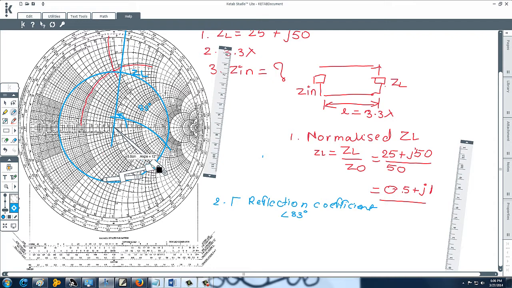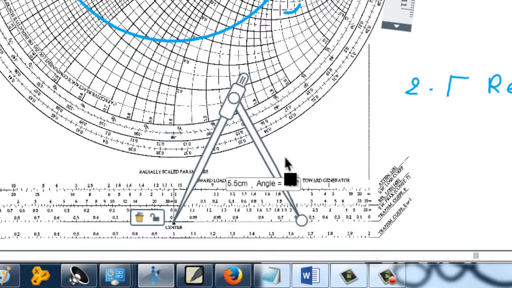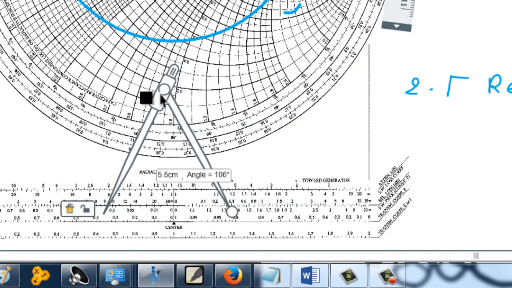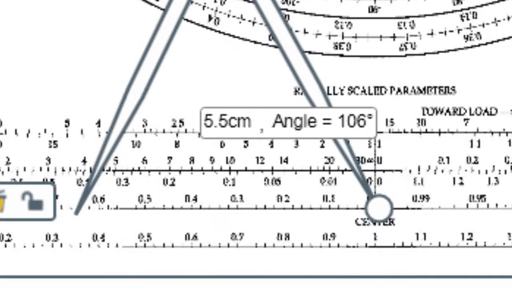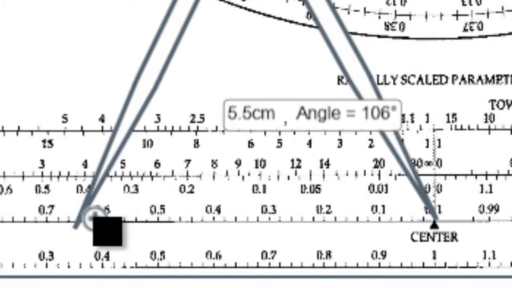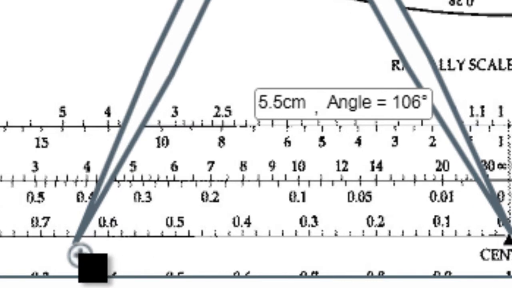After that, take 5 centimeter, take the center and measure. If you zoom, we can read this value 0.64 or 0.65, 0.66, in between.